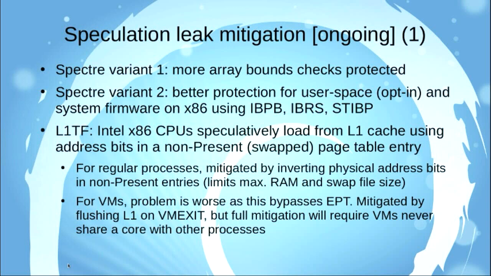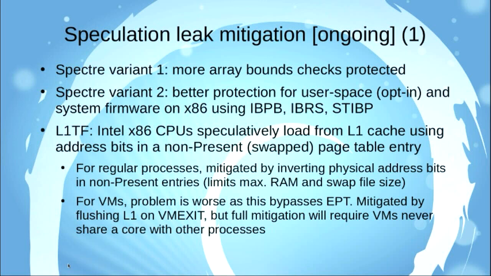Spectre variant 2, which is about mispredicted indirect branches, already had a general mitigation in the kernel called retpolines, but system firmware also needs to be protected against this, and generally isn't being updated. By system firmware I mean the BIOS or EFI firmware.